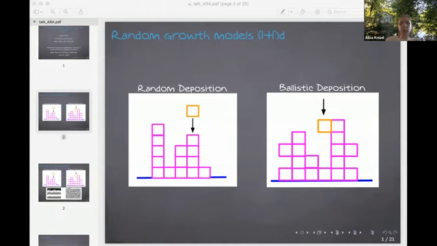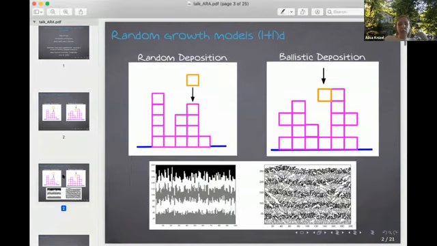If we now look at the simulations, at the bottom we see pictures of the interface profile for these two models. We see that the height profile is very rough on the left, and much smoother on the right, with a nice pattern. The white and gray colors are just for the convenience of the viewer; they do not represent anything specific.